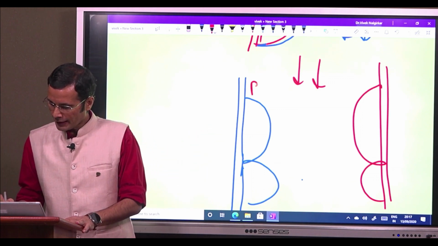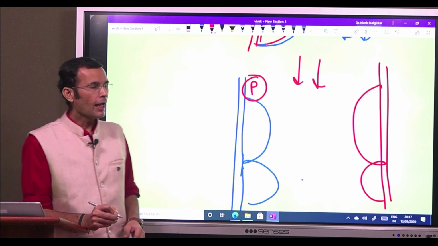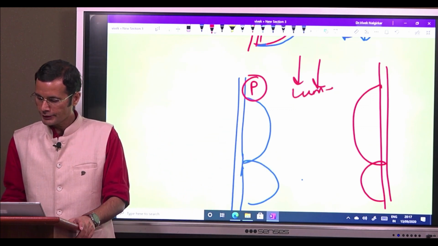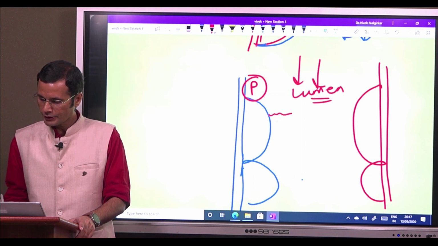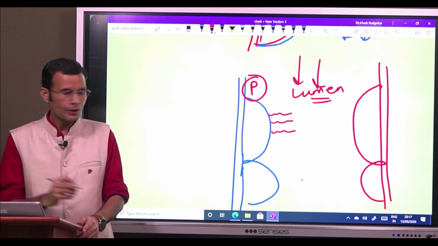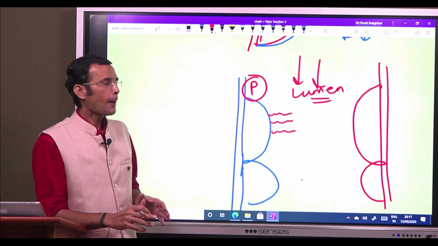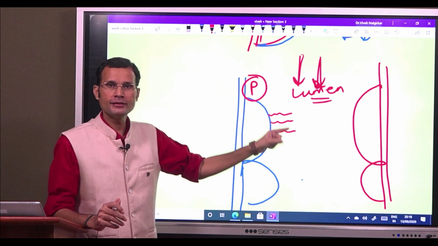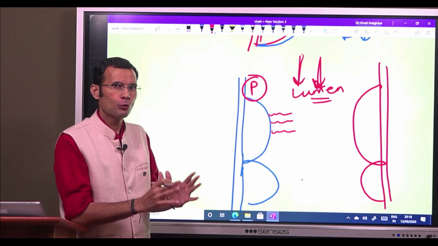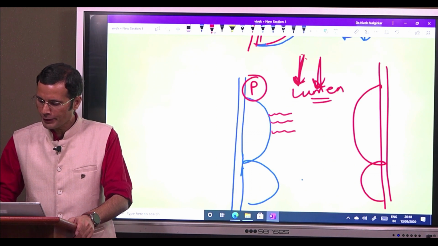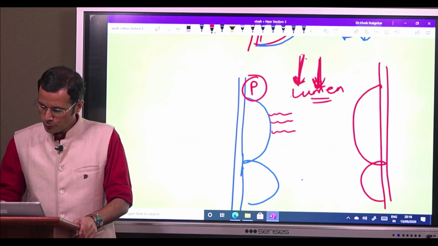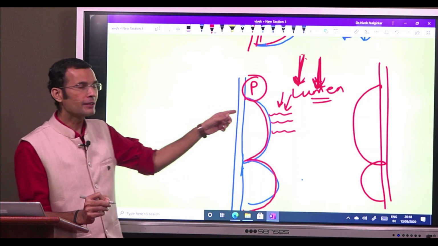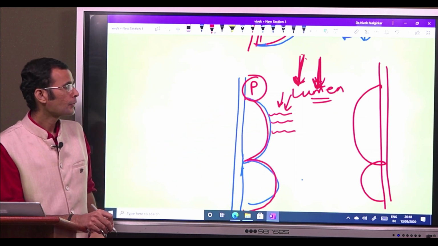This principal cell has certain cilia in its apical membrane facing the lumen. If the flow of tubular fluids increases, the rapidly flowing fluid tends to bend these cilia in the apical membrane of the principal cell in the collecting duct.